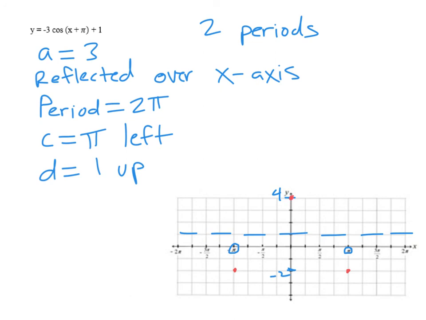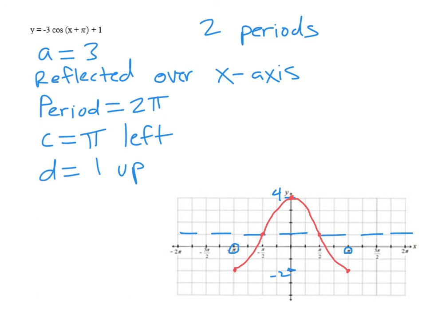And then from there, I should hit 1. So I got 1. I can do a half on the other one, because I can do another half a period.